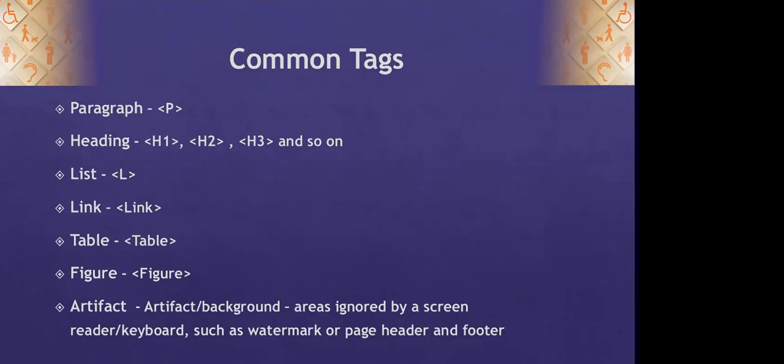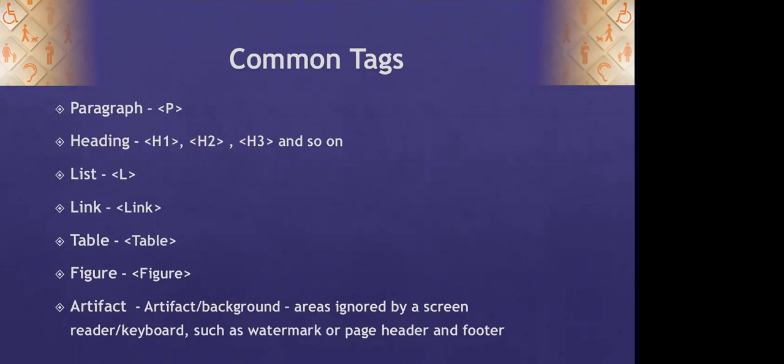And I'll touch a little bit on artifacts. Artifacts are items in the page that, by design and by the way that they're tagged, are going to be ignored by assistive technology, such as a screen reader, or potentially ignored by a keyboard. These things would be like a draft watermark or some sort of watermark in the background.